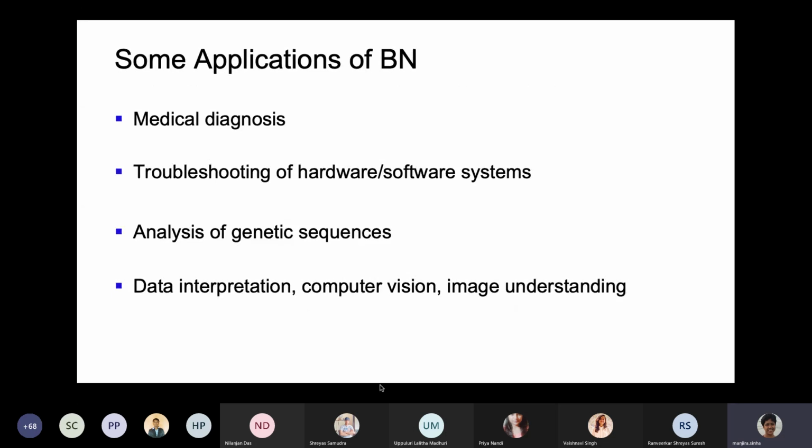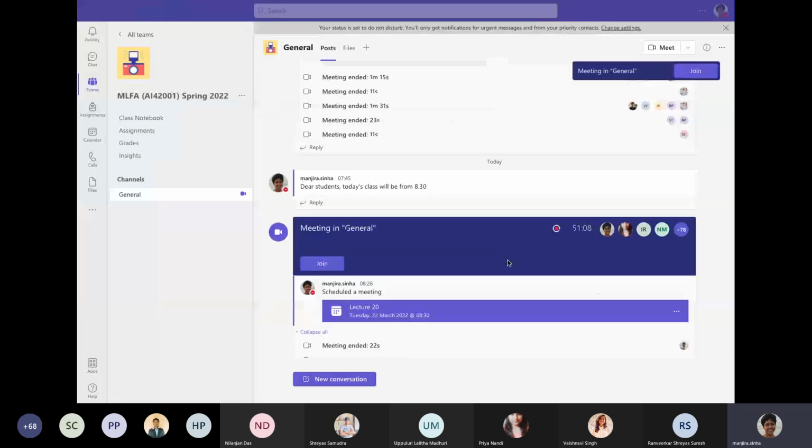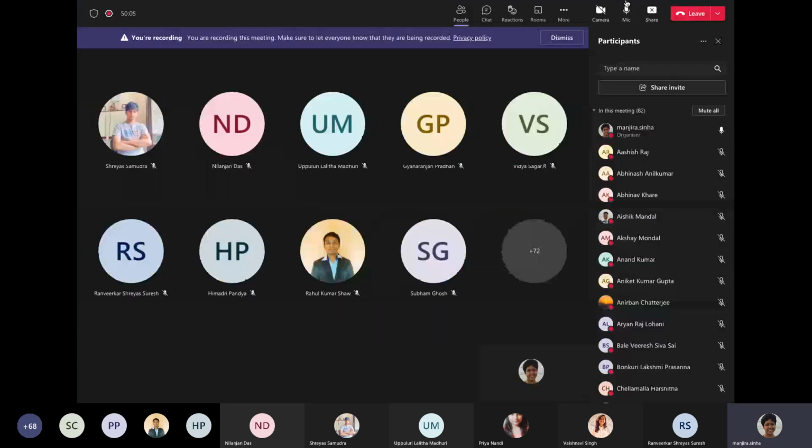Can anyone please tell me whether dimensionality reduction, like PCA and multidimensional scaling, was done in the class? No, right? Okay, we will cover that. So let us take a 5 minute break.